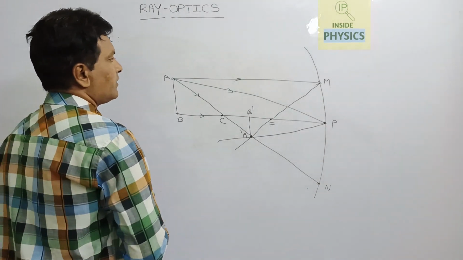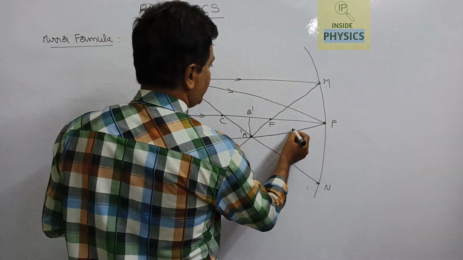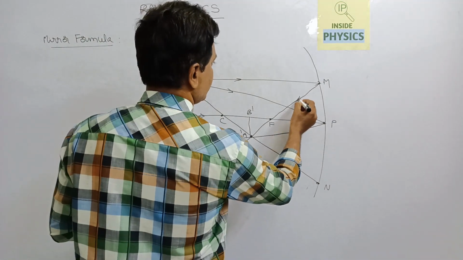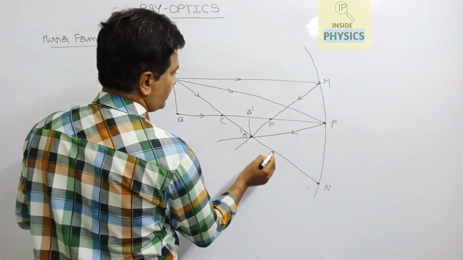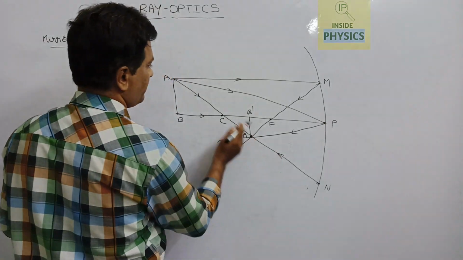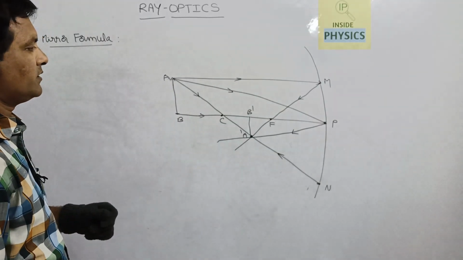So according to the laws of reflection, these rays will be reflecting like this. The ray passing through the center of curvature will be exactly reflected back through the center of curvature.